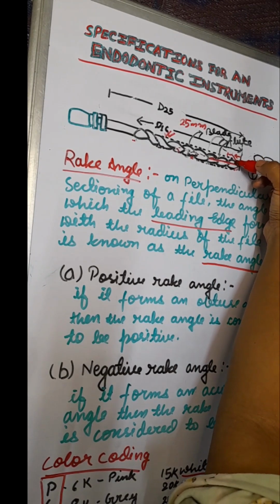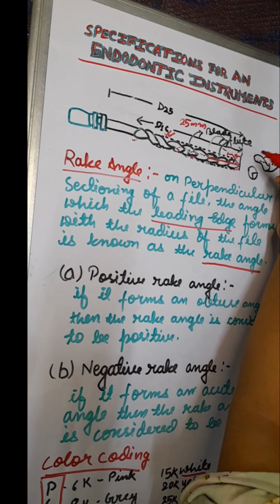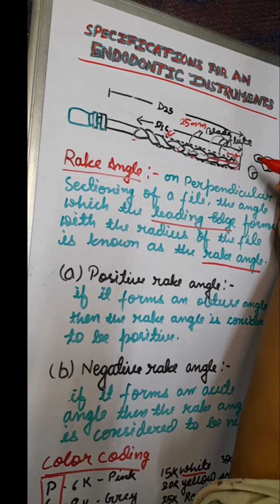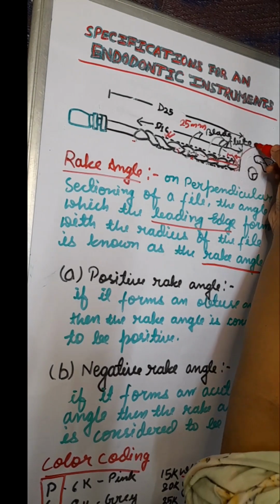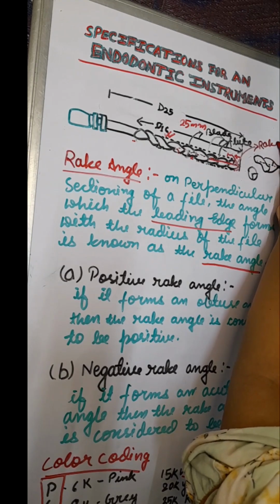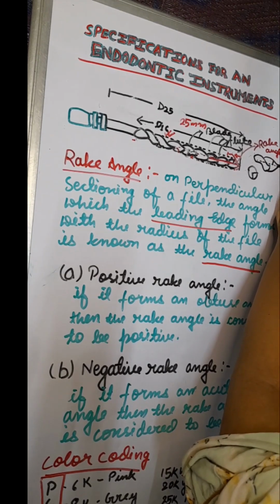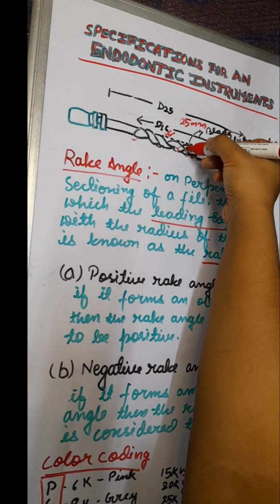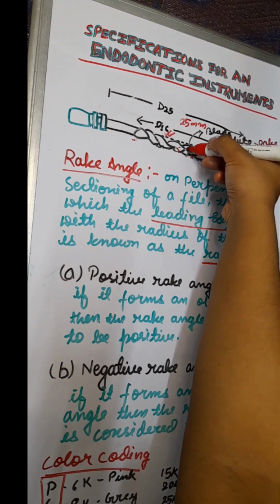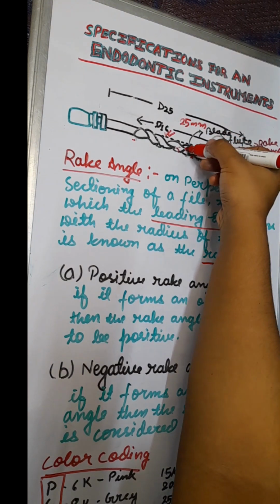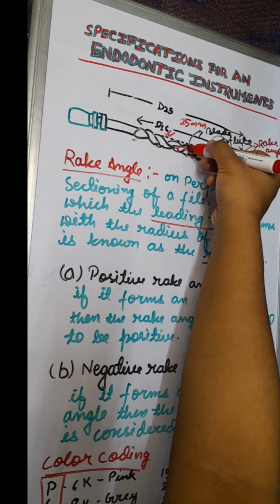So, the angle formed by leading edge with the perpendicular section of the file is known as rake angle. Helix angle was the angle which the cutting edge forms with the perpendicular sectioning.